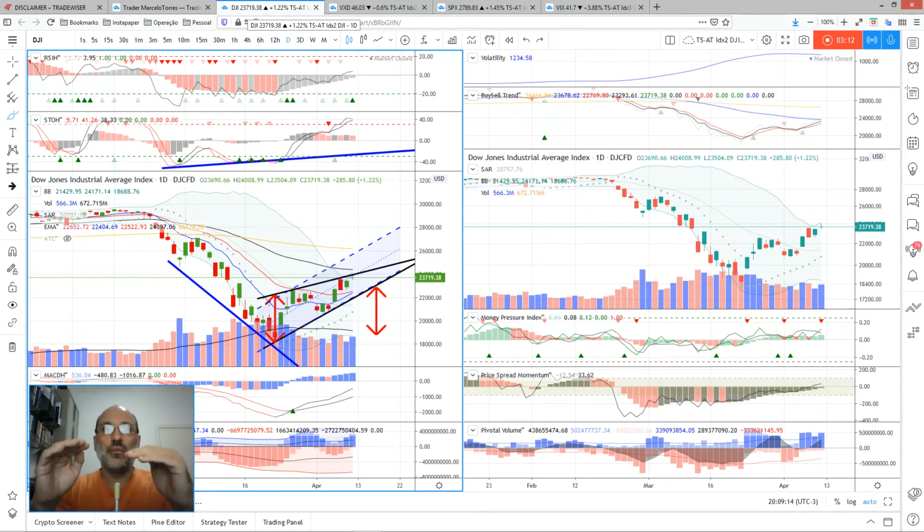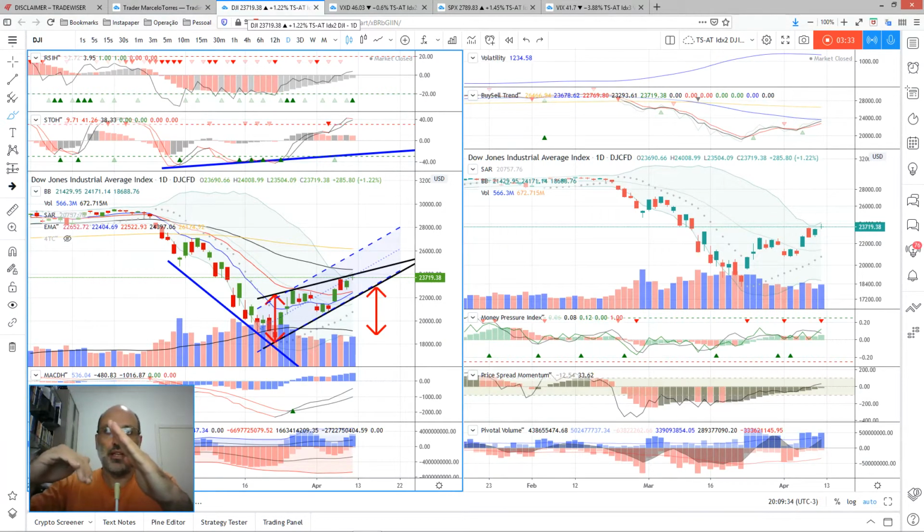Recently we saw the VXD and the Dow Jones going up, but the Dow Jones was going way up and the VXD was just going slightly up. This means that there is no risk for the Dow Jones movement, okay?